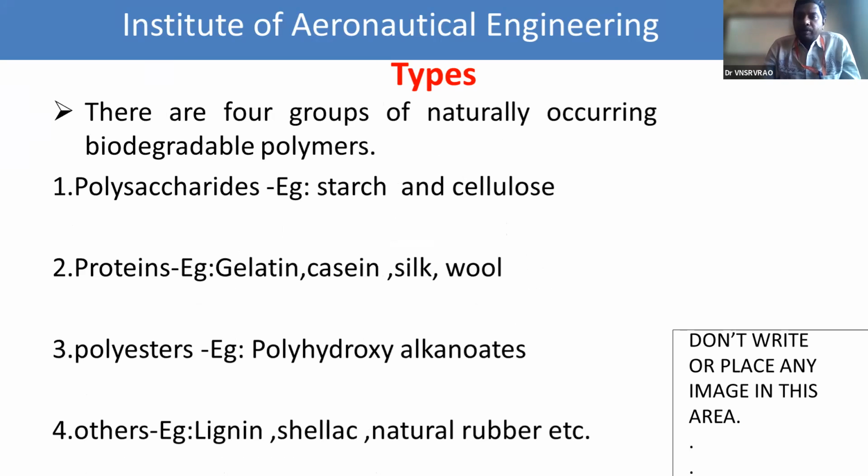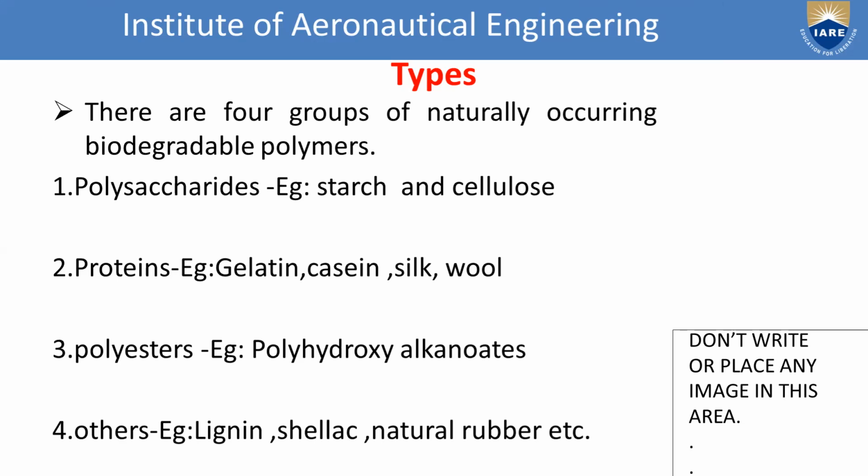Okay, and how many types of naturally occurring biodegradable polymers? Four types. What are they? Polysaccharides, proteins, polyesters, and last one, others. What are the examples for the polysaccharides? Starch and cellulose. And what are the examples for proteins?